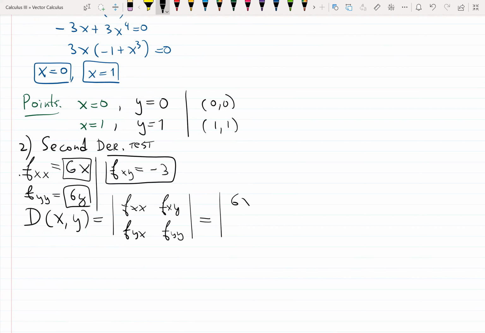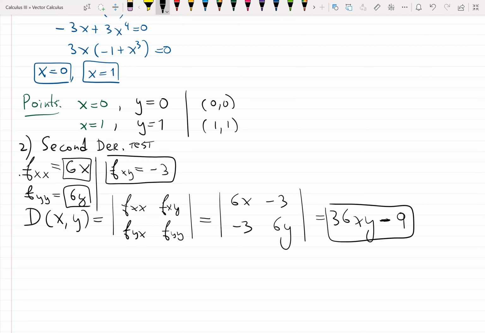So I have 6x, 6y, -3, cross product gives you 36xy minus 3 times -3 is 9. That is the determinant. Why do you need that?